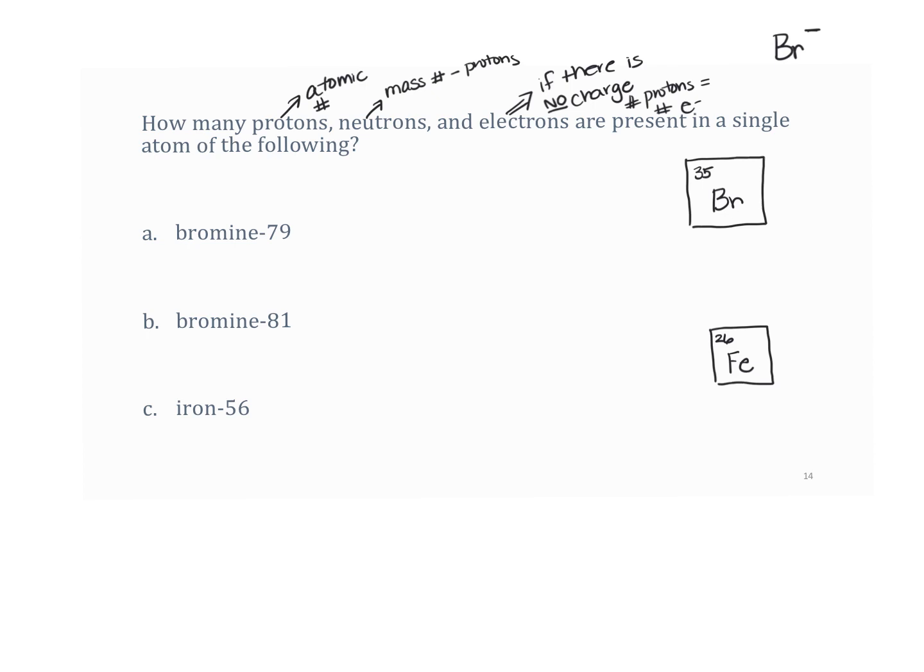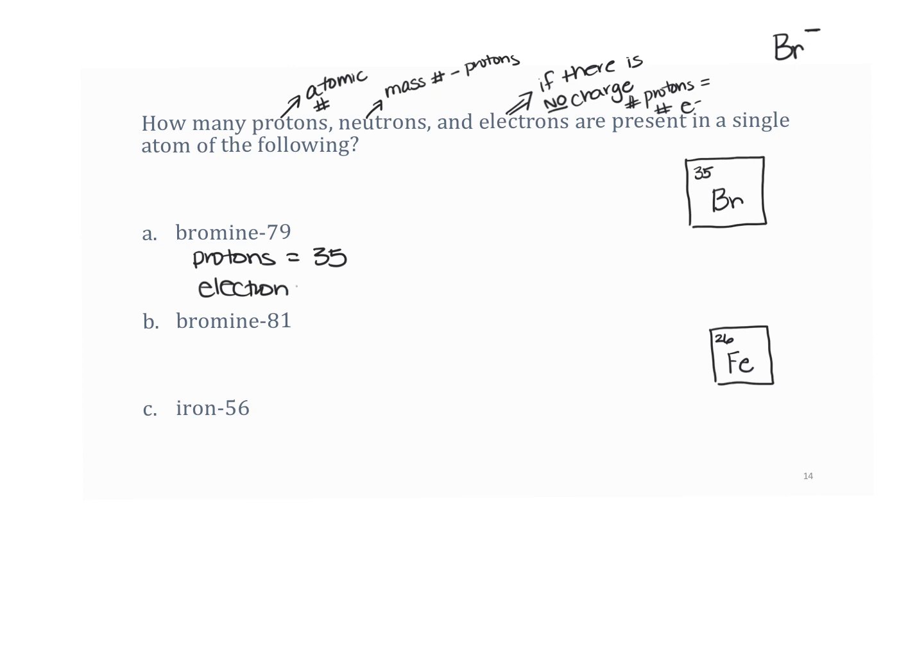So here we go. Bromine 79. We go to our friendly periodic table and we say, let's find the atomic number. We know that's going to be the whole number. And that means my protons equal 35. Then I'm going to say, okay, this guy doesn't have a charge. There's no negative or positive or any sort of superscript here. And so I can say, great.